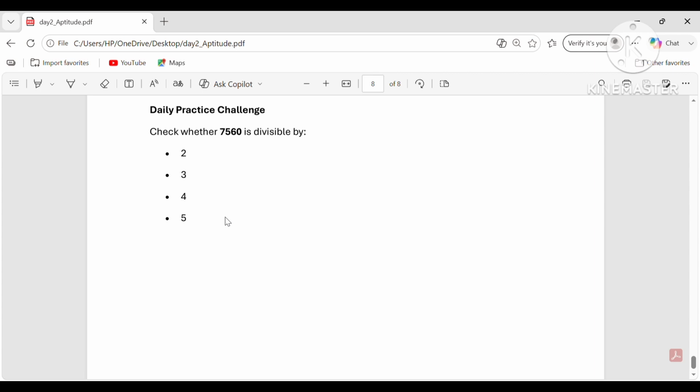And coming to question 2, is 7 to 8 divisible by 8? For the last 3 digits, we need to divide. So we got 91. We need to check whether the given number is divisible by 8 or not.